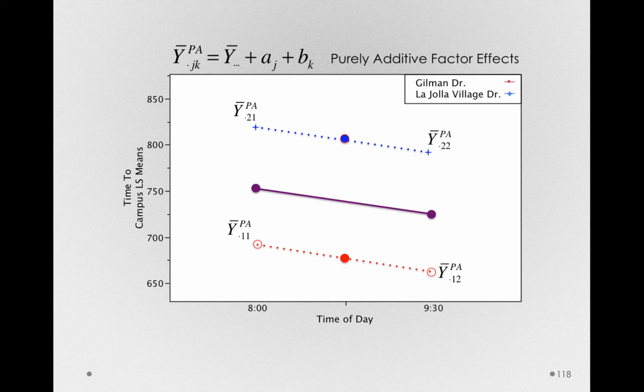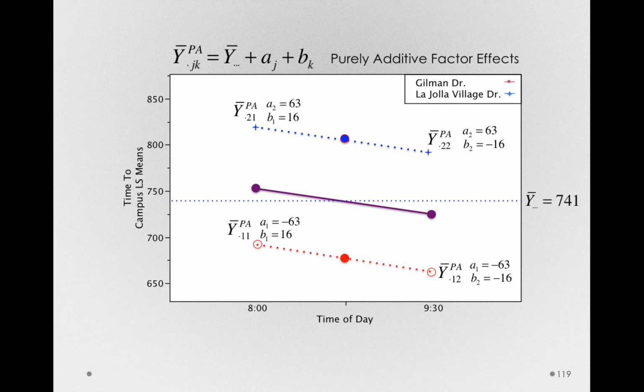Let's take a moment to look at how we would find one of these purely additive factor means. Let me draw in the grand mean, and I'll put in the value of A and B for each of the different means. Let's consider just one of these, the y bar PA dot 21. That is just the purely additive mean for 8 a.m. on La Jolla Village Drive. Well, we have two terms to add, the B1 and A2, and we're going to add both of those to the grand mean.